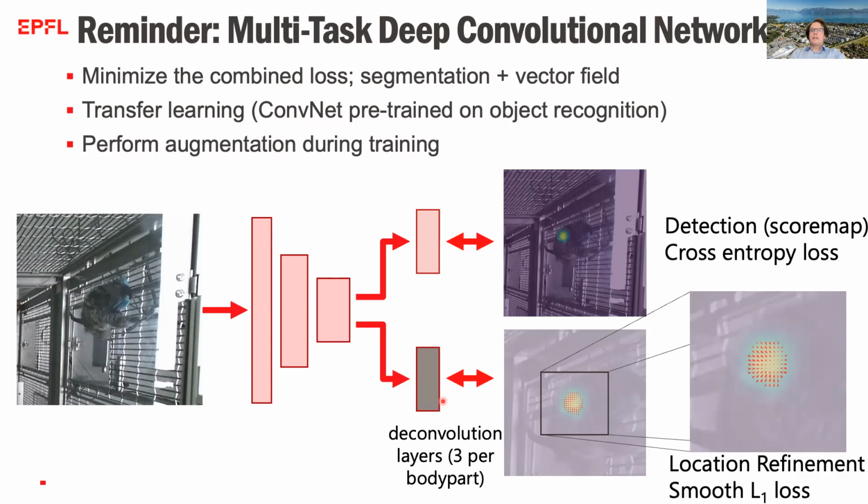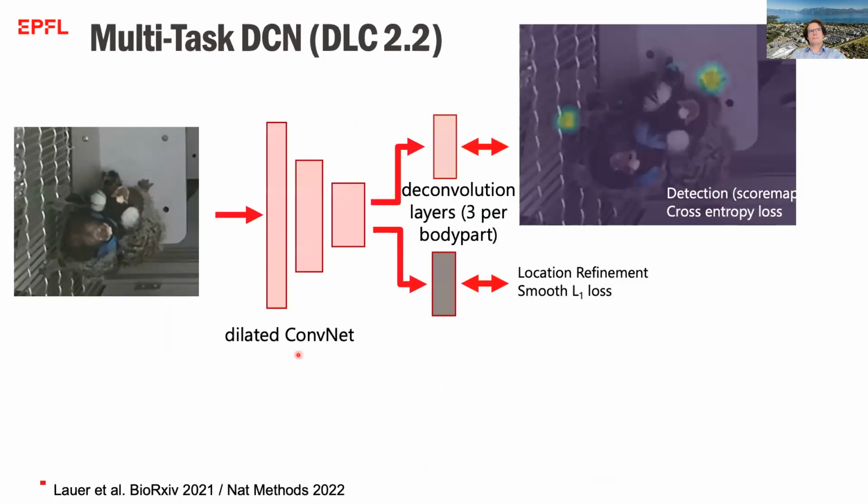Those 3 output layers are used to localize joints or key points of interest. The model is trained in a transfer learning fashion, where the backbone is initialized with weights pre-trained on object recognition. Then during training, we perform augmentation to make the performance more robust. So this is the standard framework for single animal DeepLabCut.